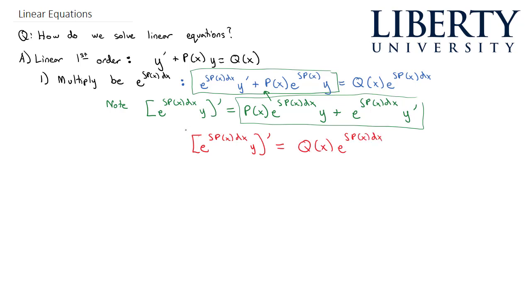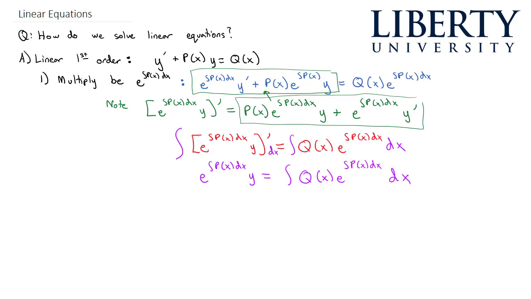Which means if the left side is a derivative, I can take the antiderivative with respect to x on both sides, and that'll just give me the inside stuff. That's the fundamental theorem of calculus. E to the integral of p of x dx times y is equal to the integral of q of x e to the integral of p of x dx dx.